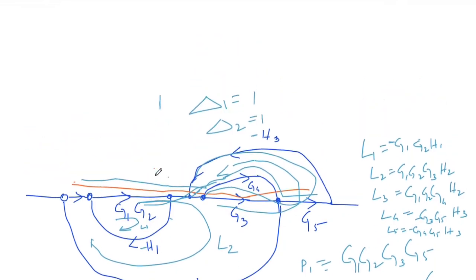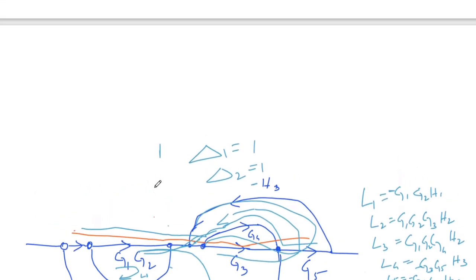Okay. So let me write what is del. Del is 1 minus sum of all loops.